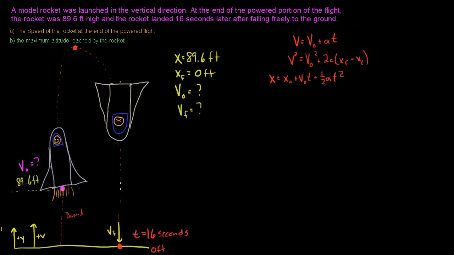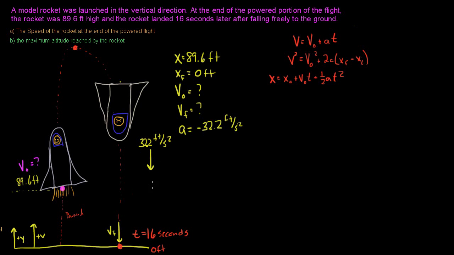We do, however, know an acceleration, and because this is gravity, we know our acceleration is going to be acting in this direction, and it's 32.2 feet per second squared. Now, we call it negative 32.2 feet per second squared because it opposes our positive y and our positive velocity.